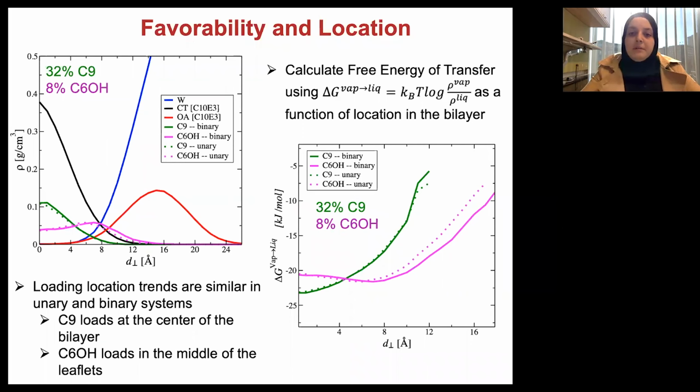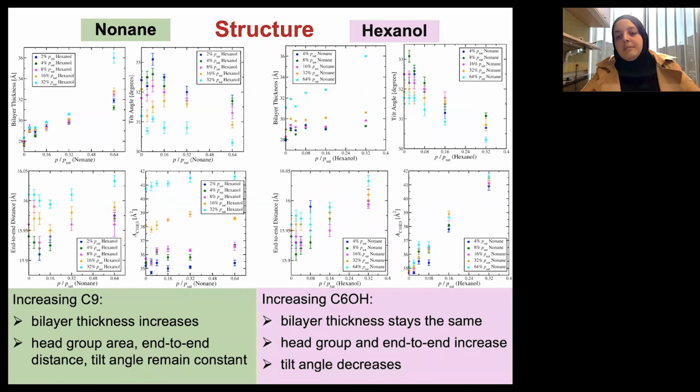We were also able to obtain the different locations of where nonane and hexanol loaded, and they were similar to what we observed in the unary system: nonane between the bilayer leaflets, and hexanol in between the surfactants near the water. And we were able to obtain other structural information.